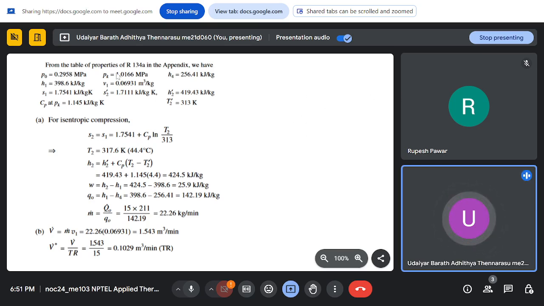So across the same condensing pressure, if you take the saturated liquid enthalpy, which will be equal to the evaporator inlet enthalpy, it is 256.41 kilojoule per kg.